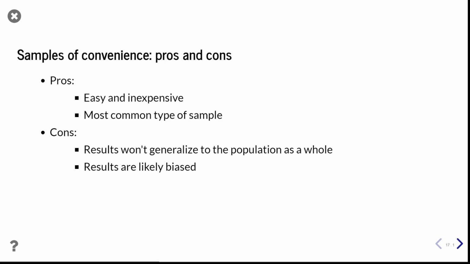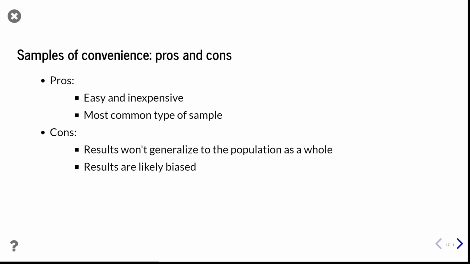Samples of convenience have their place, though. I mean, they're really easy to do, of course, because they're samples of convenience. And for that reason, they're inexpensive. And I guess for those two reasons together, they're probably the most common type of sample. It's probably the most common way that studies are done. The cons are the results won't generalize to the population as a whole, most likely.